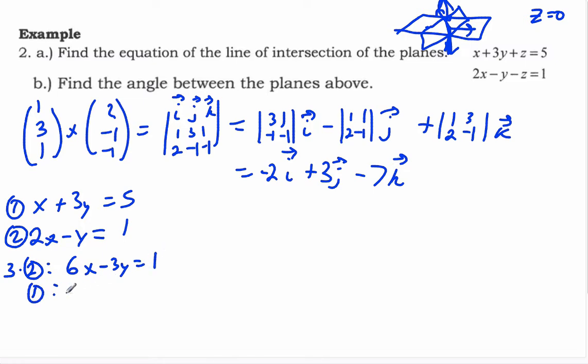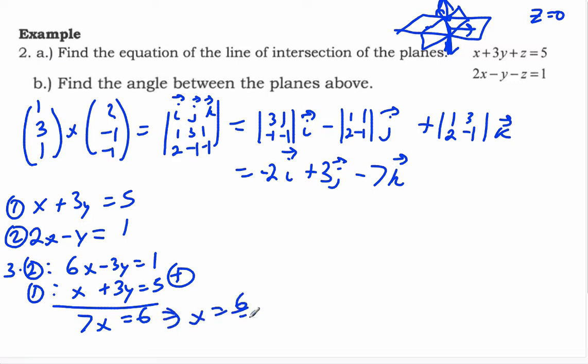And I'll rewrite equation 1 down here. So we can obviously add these together. We get 7x equals 6, and that implies x equals 6/7. Actually, oops, this was supposed to be a 3, and then that makes this an 8. Sorry. So it's 8/7.